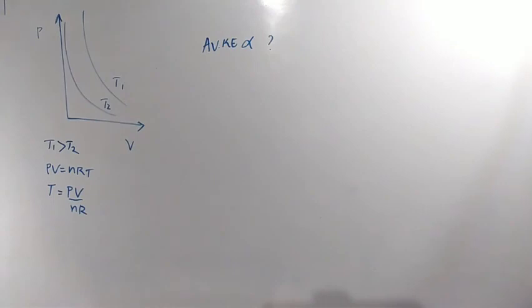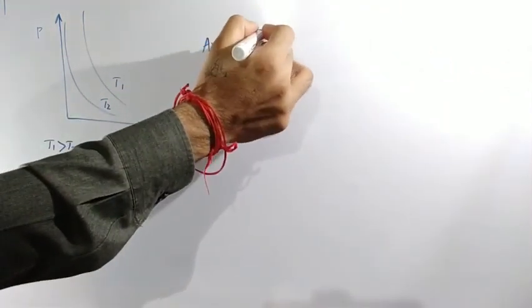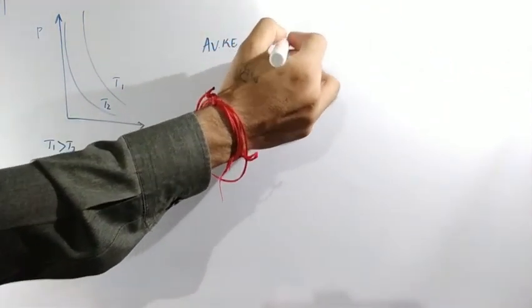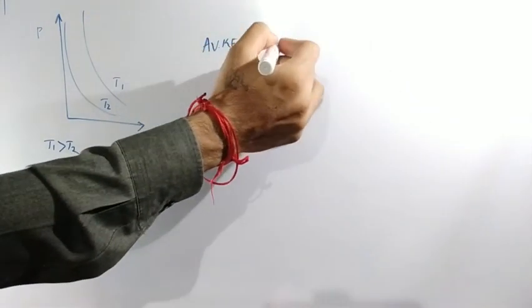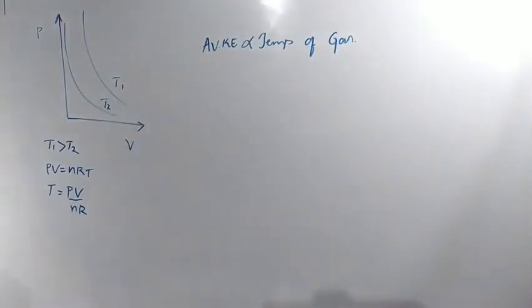Always remember, if temperature increases, the average kinetic energy value increases. So the average kinetic energy of the gas molecule is directly proportional to the temperature of the gas. This is not a question mark value. Now I am going to write the answer here: average kinetic energy is directly proportional to the temperature of the gas molecule.